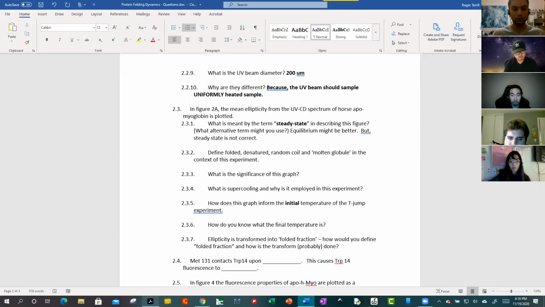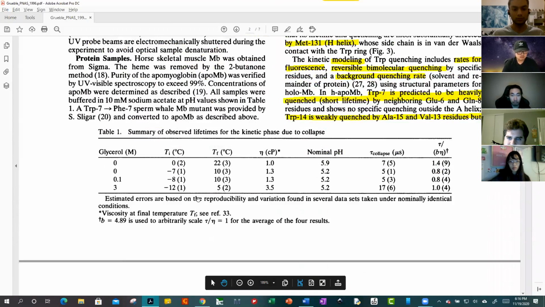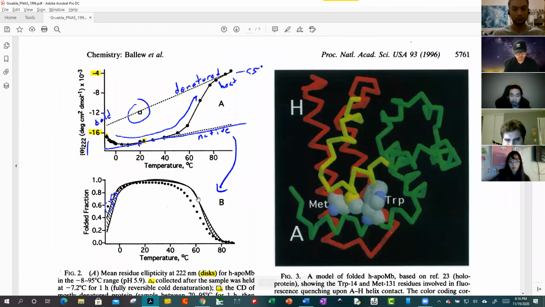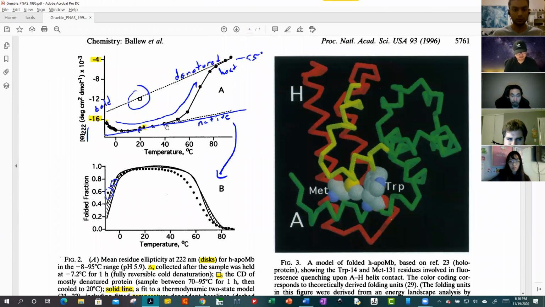Now, what they're talking about here is this foundational figure, which describes the expected folding state of the protein after a few seconds.